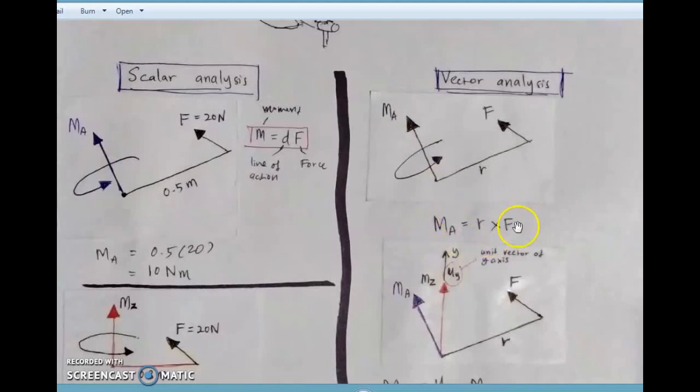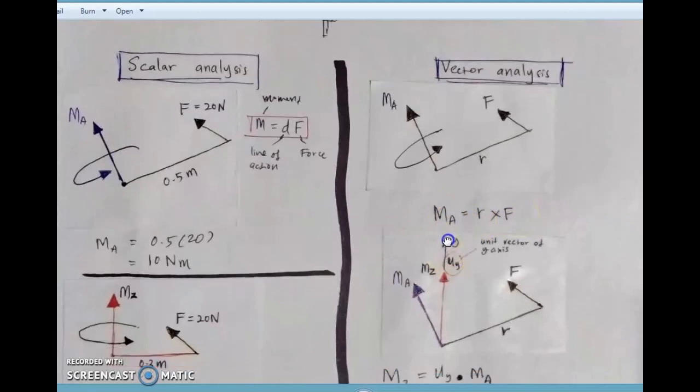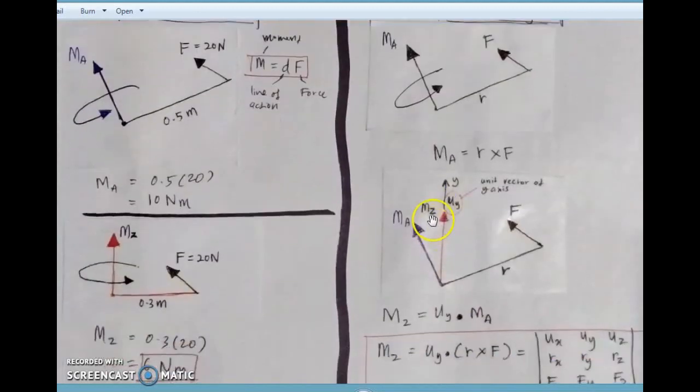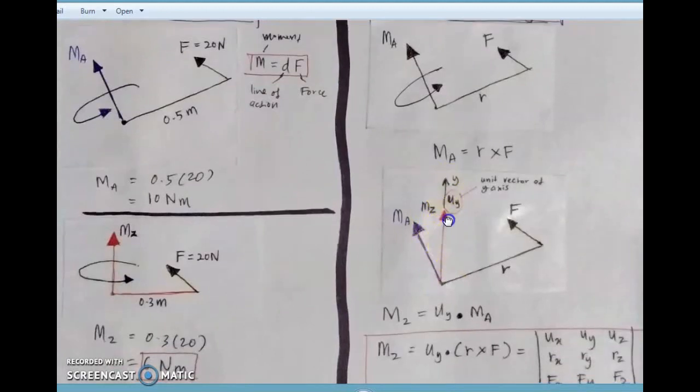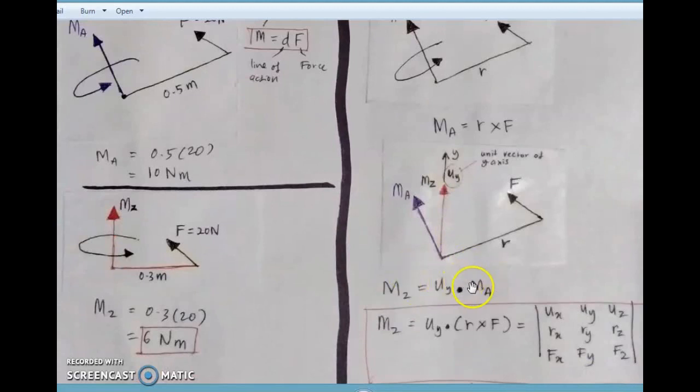And then after you get the MA, to calculate the MZ about the axis of Y, you can use this formula. The answer of MA that you get, you can perform the dot product operation with the unit vector of the y-axis, which is uy.